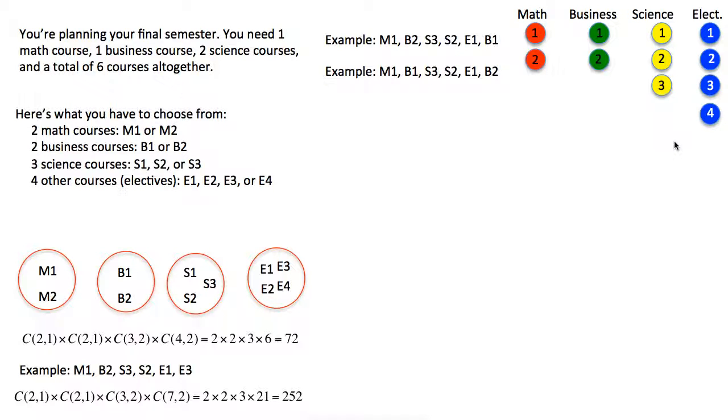Let's think of these 11 colored balls. Let's think of the 2 red balls as representing the math courses, the 2 green balls as representing the 2 business courses, the yellow balls represent the 3 science courses, and the 4 blue balls represent the remaining 4 courses.